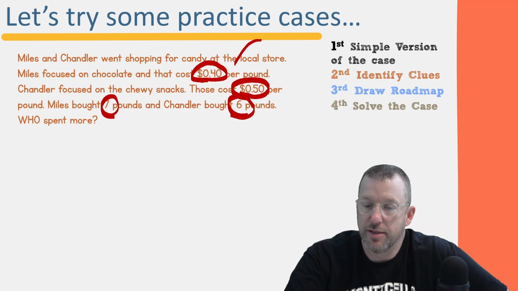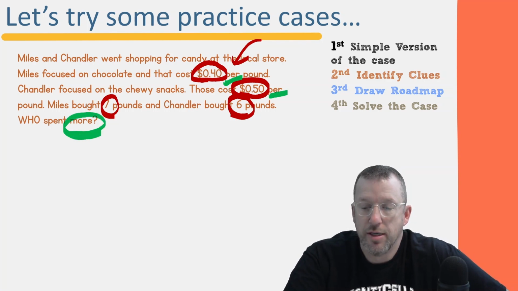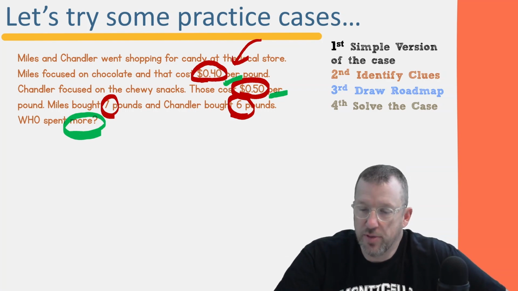Here's a buzzword right there: per. Remember I told you per? That's really important. We want to know about per because that normally means multiplication. And the cost, oh, here's another per, 50 cents per pound. Who spent more? We're going to try to figure out which one's bigger than the other one.